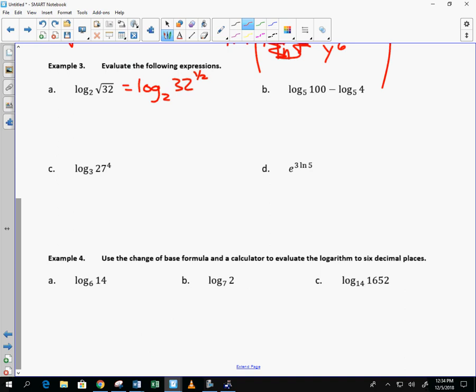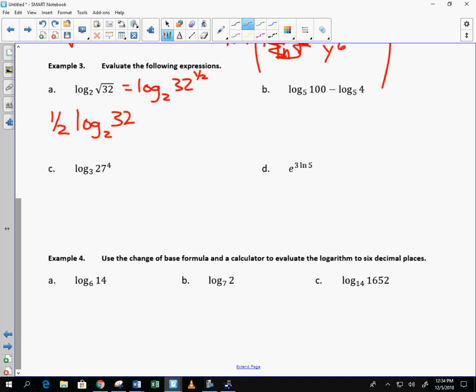And I'm going to use the laws of logarithms to simplify these. The first thing I'm going to do is move that 1/2 out front. 1/2 log base 2 of 32. What is 32 written as a base of 2? 32 is 2 to what power? 2 to the 5th.